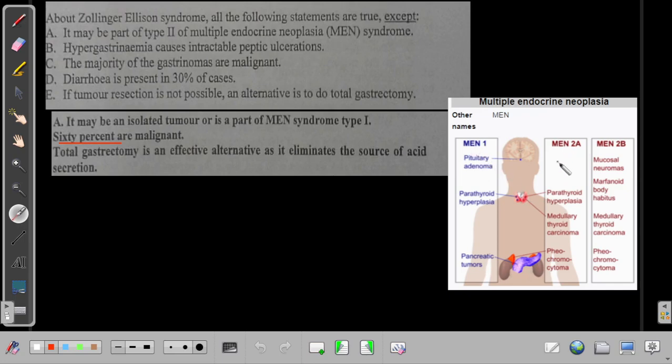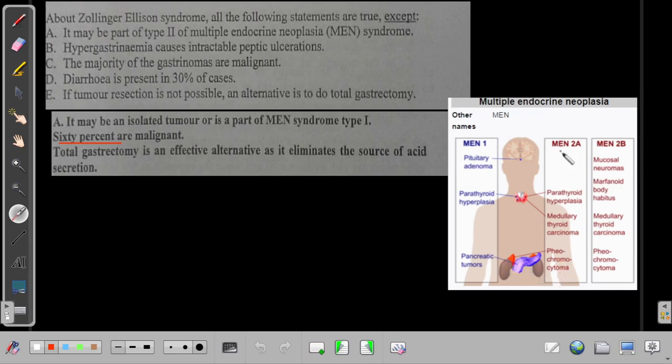MEN 2, you will remove pituitary adenoma of the MEN 1, you will keep parathyroid hyperplasia, you will add medullary thyroid carcinoma and pheochromocytoma of the adrenal gland.